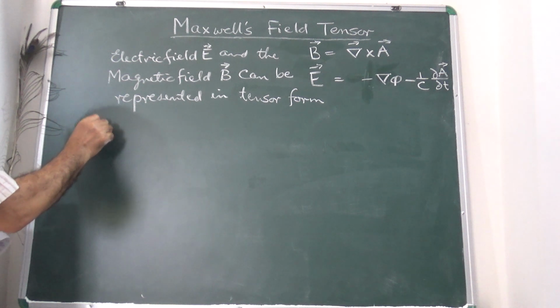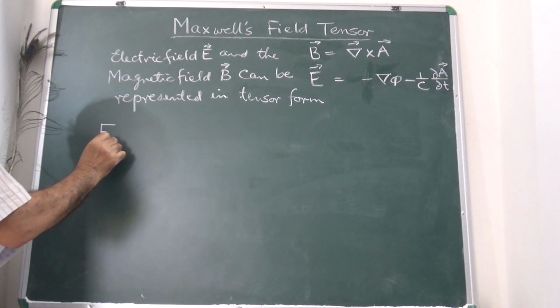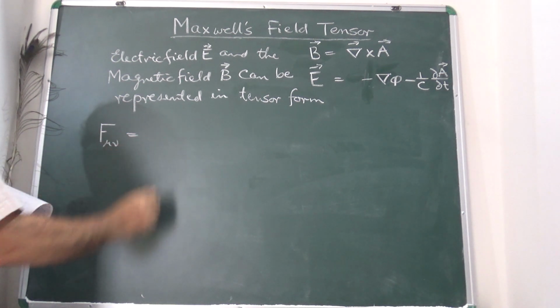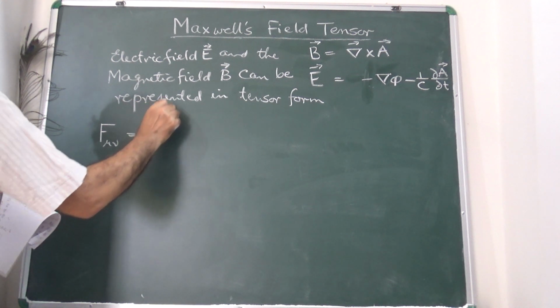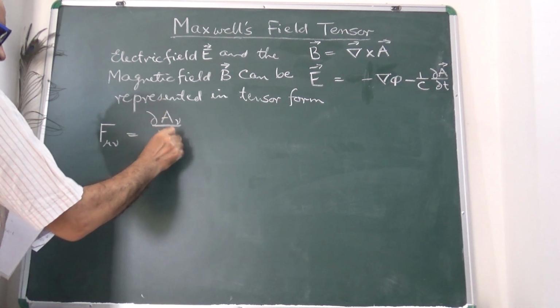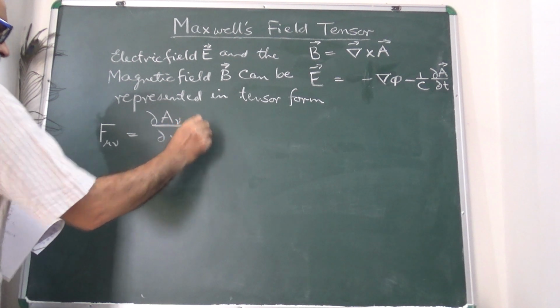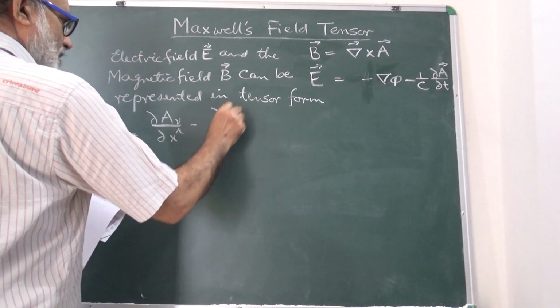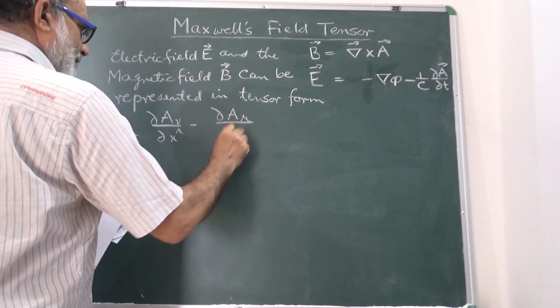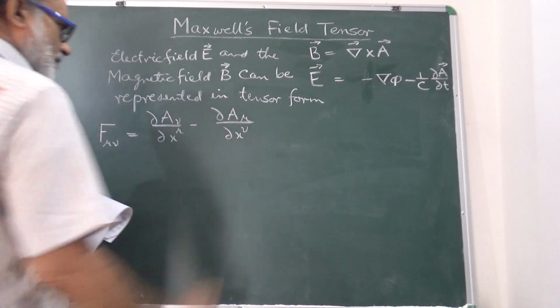This can be written as F mu nu equals del A nu by del x mu minus del A mu by del x nu.